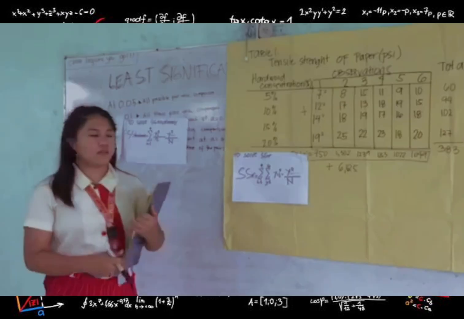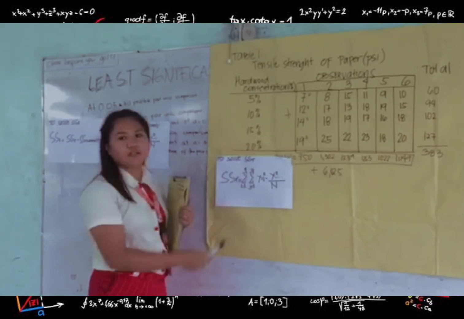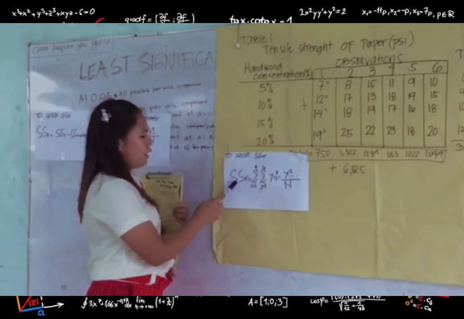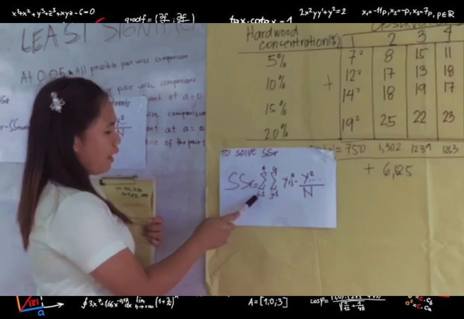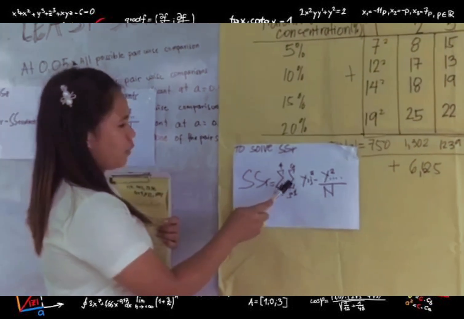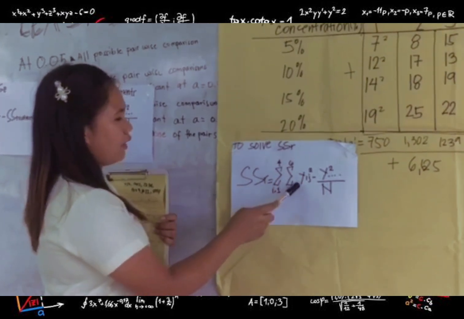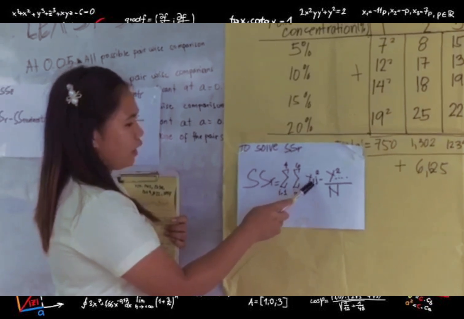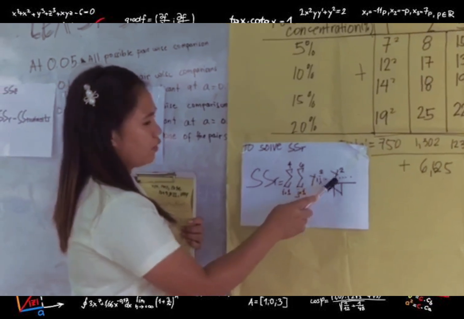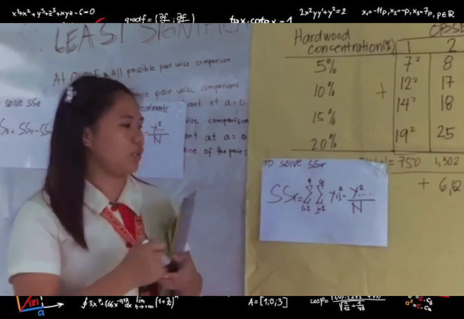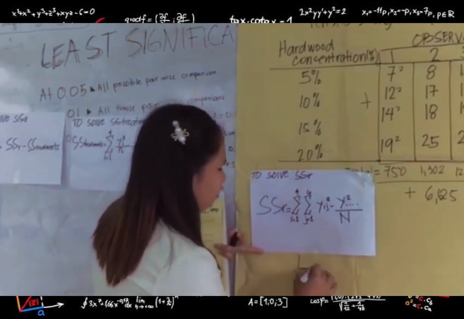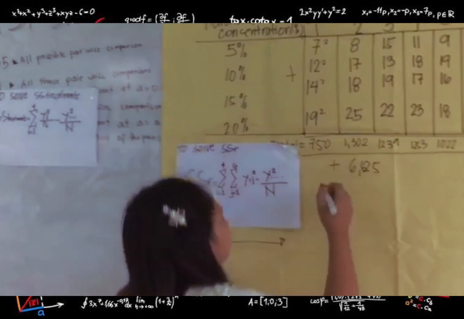6,625. To solve the SST, this is the formula. SST is equal to the summation of i equals 1 to 4, summation of j equals 1 to 6, y_ij squared, minus y dot dot squared over N, the total number of population. So this is the solving.